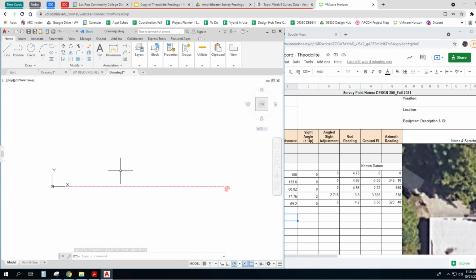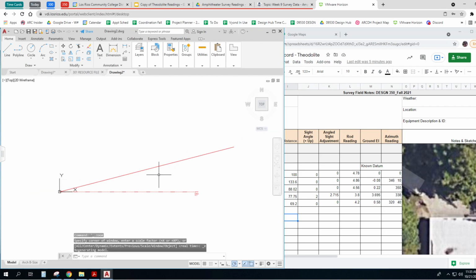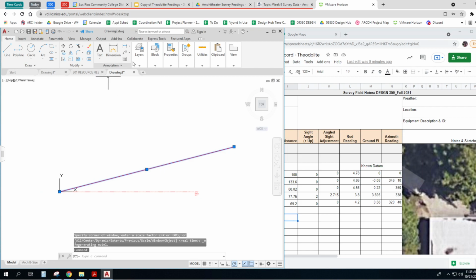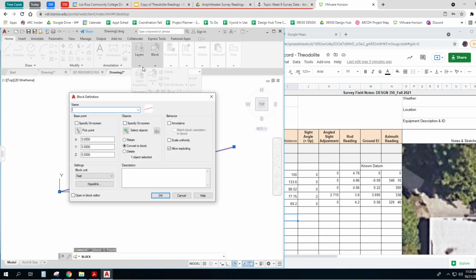And then my next one is 133.6 at an angle of 346 degrees, 10 minutes. And that one I have on the wrong layer. I do that all the time.